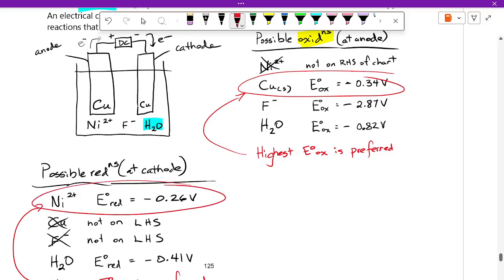Do you guys agree with me? Yes? Excellent. And so then what you can do is you can say over here, therefore, we would have copper being oxidized, Cu. The oxidation of copper goes to Cu 2 plus, 2 electrons.